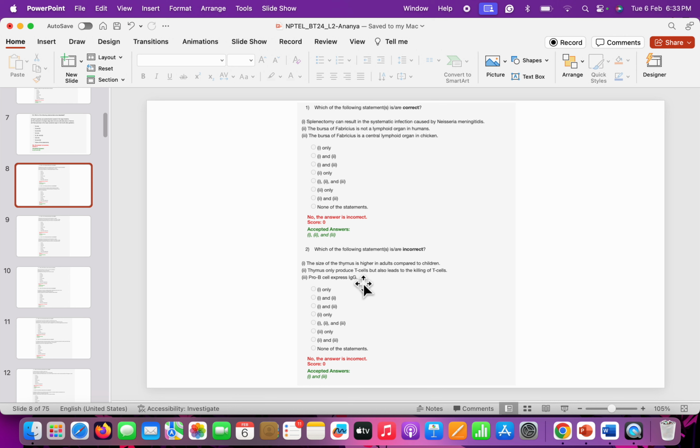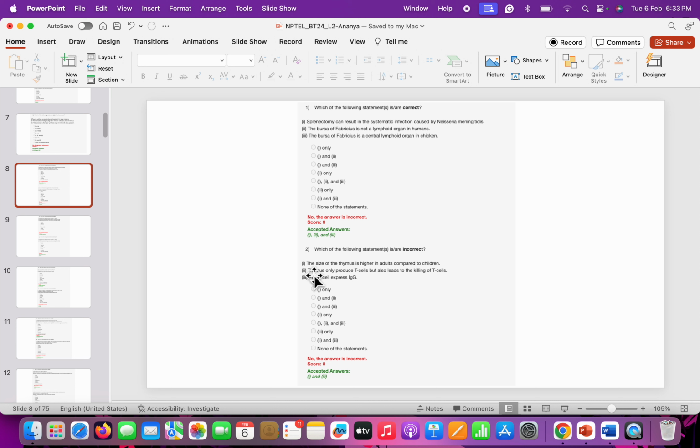Pro B cells express IgG, which is not correct. Pro B cells, prior to mature B cells, do not express IgG. So the answers will be option 1 and option 2.